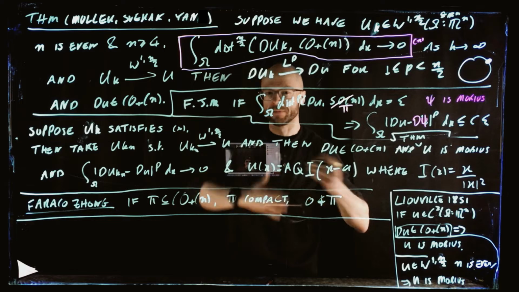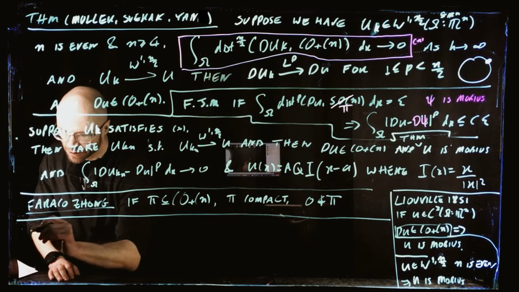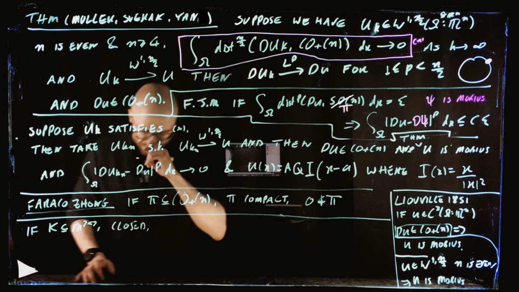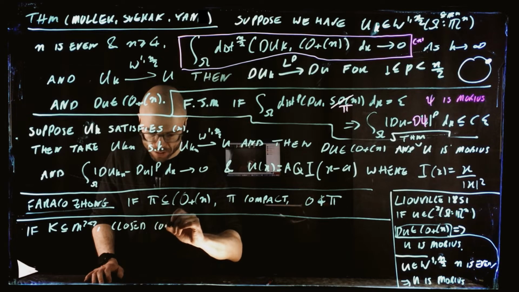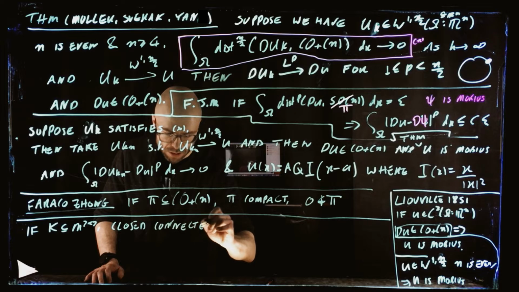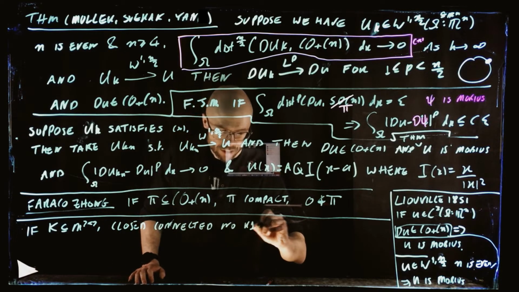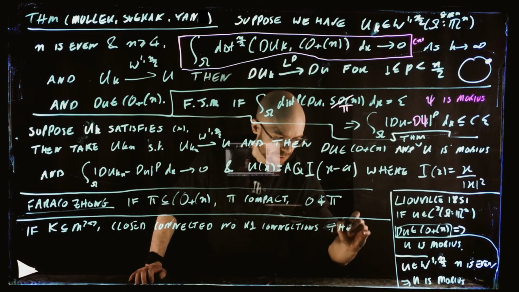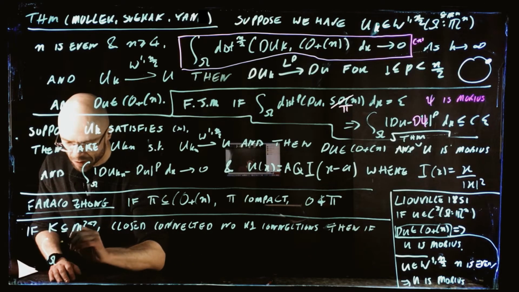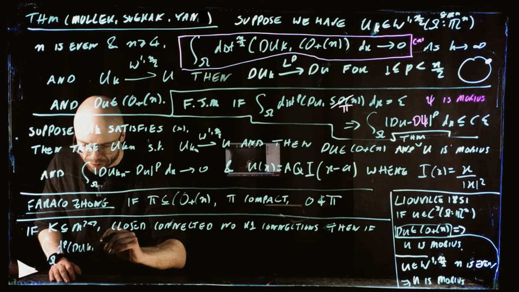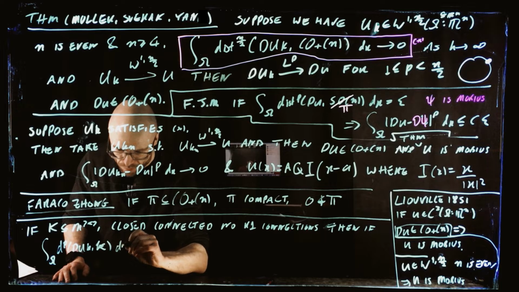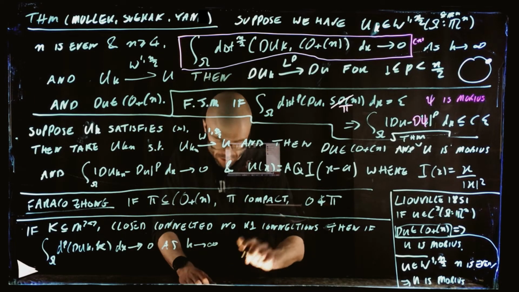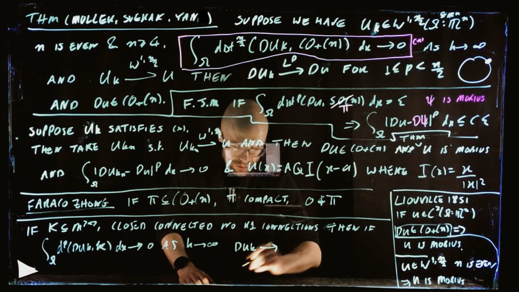So this was the theorem at the end of last class, that if we have a set K contained within 2 by 2 matrices, closed, connected, and with no rank-one connections, then if we have a sequence such that we are forcing the gradients to be closer and closer to K, then actually the gradients converge strongly to the weak limit.